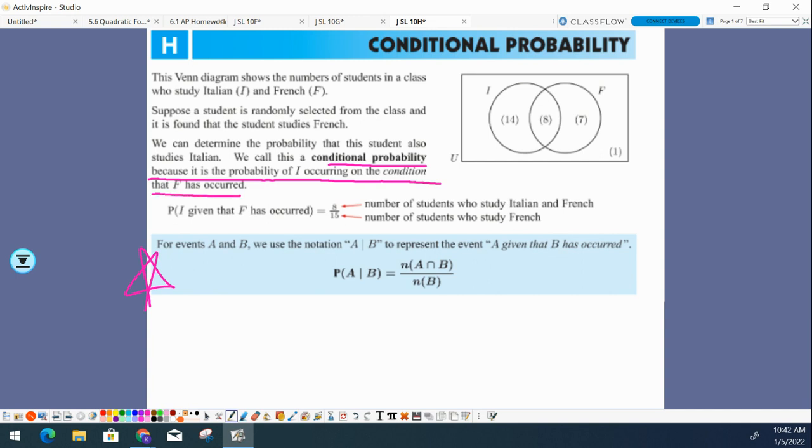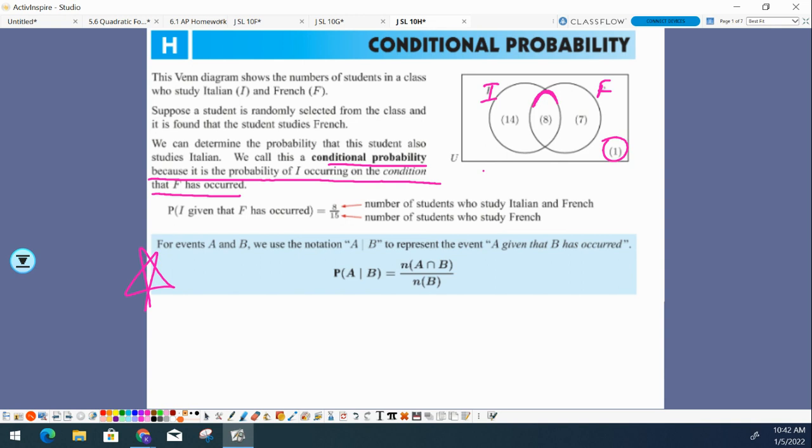All right, so for example, if we have this Venn diagram over here, it shows which students in a class study Italian and which ones study French. This is the Italian, this is the French, so this would be the both, the intersect, and there's one that doesn't study either.